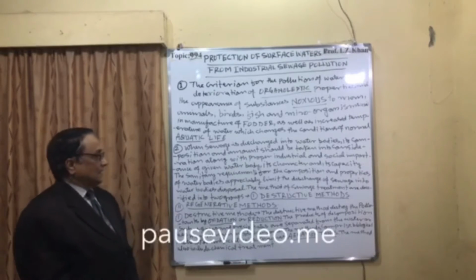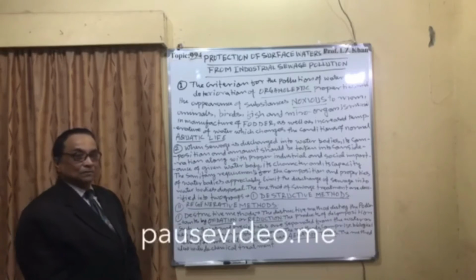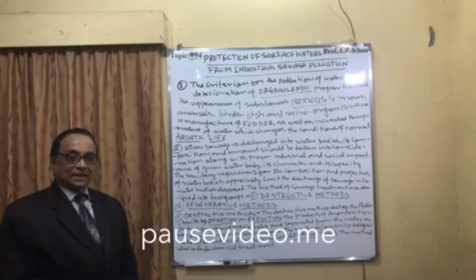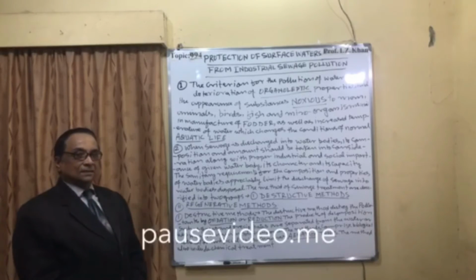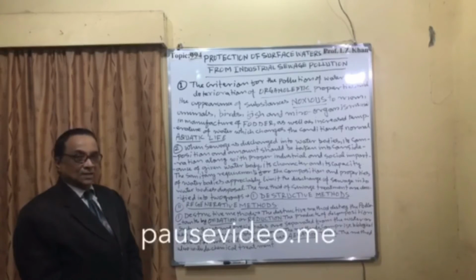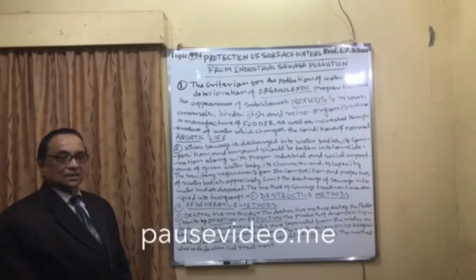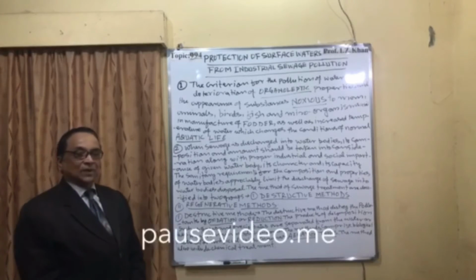And the methods of sewage treatment are classified mainly into two. The first one is called destructive methods and the second one is called regenerative methods. These two are the most important methods which are used to treat sewage pollution in surface waters.